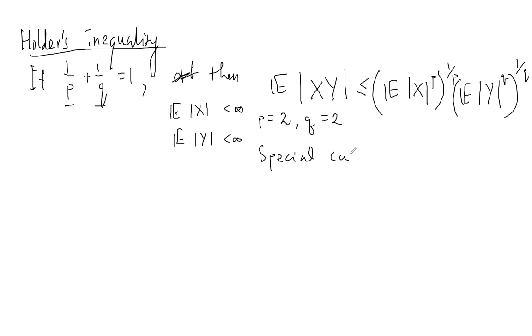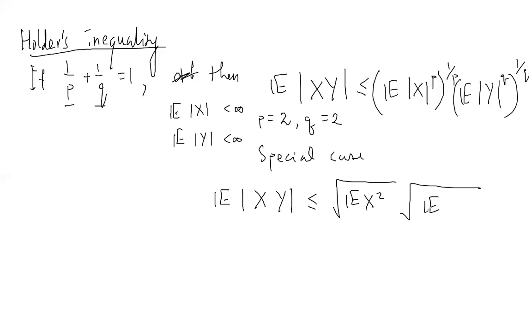When p is equal to q equal to 2, then you have the expectation of absolute xy bounded by the square root of the expectation of x squared times the square root of the expectation of y squared. Because with 2, you can remove the absolute sign because of the square, and then 1/2 gives the square root. So this is what we call the Schwartz inequality.